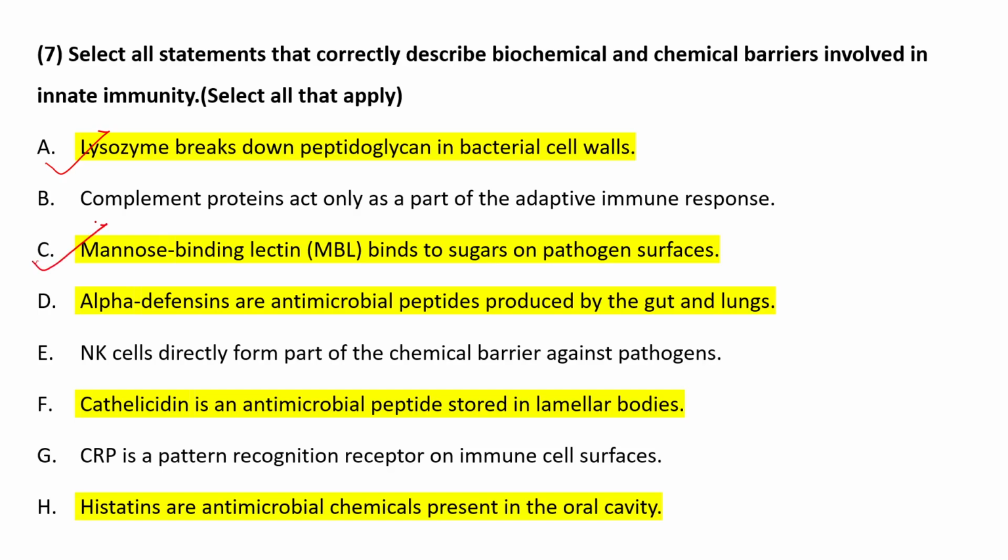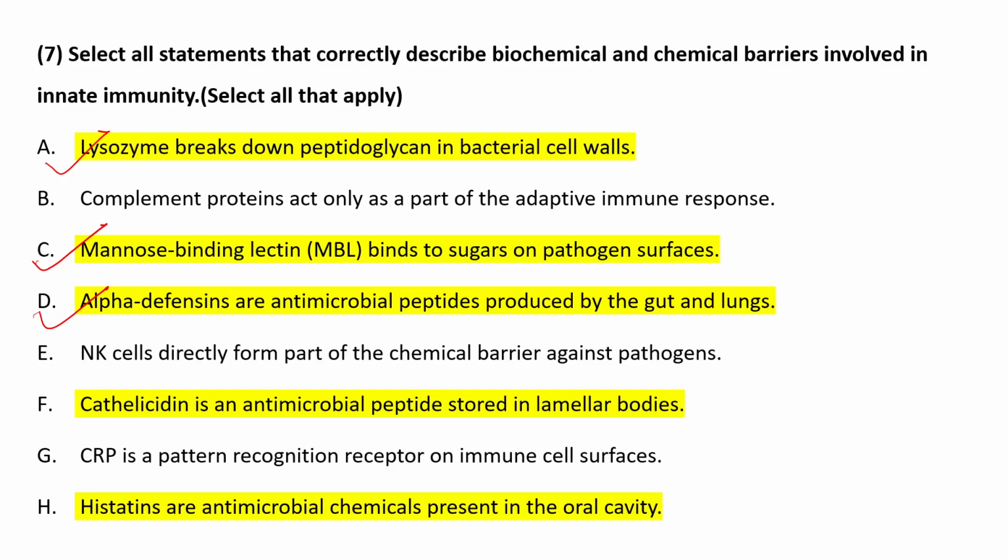The next one is mannose binding lectin binds to sugar on pathogen surface. Yes, in the last question we have seen that mannose binding lectin will recognize the sugar on the pathogen surface. Next one is alpha defensins are antimicrobial peptides produced by the gut and lungs. Yes, in the case of mucosal surfaces in the gut and the lungs, we have seen the role of alpha defensins and these antimicrobial peptides.